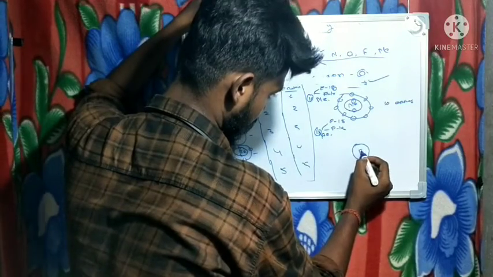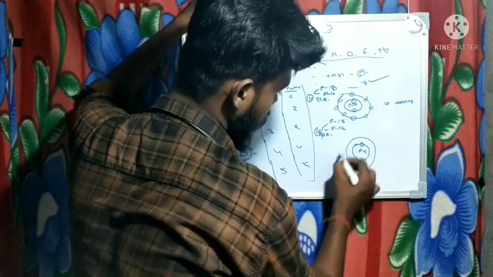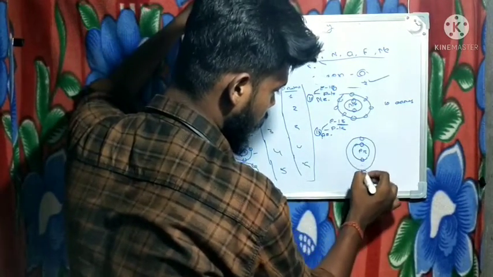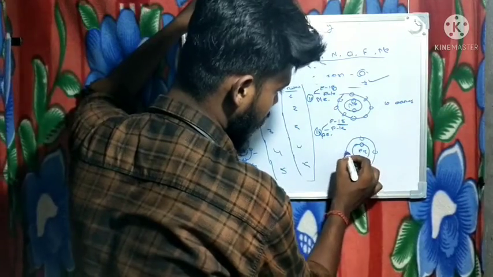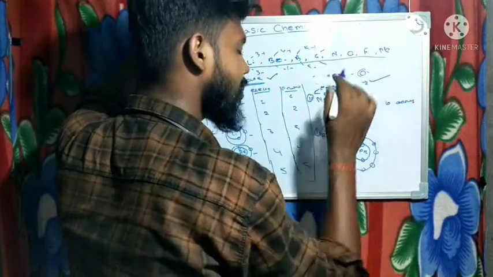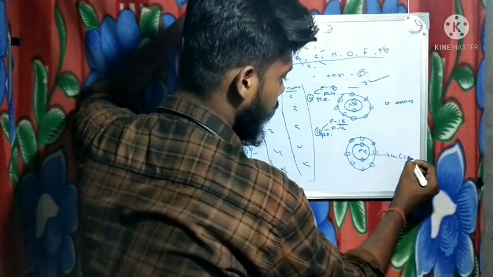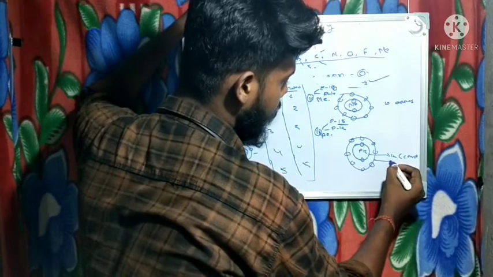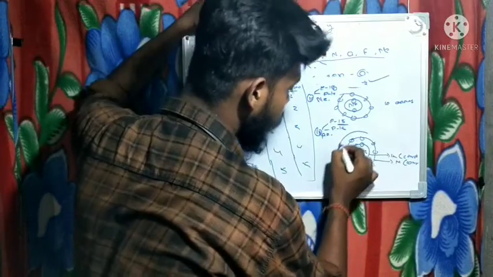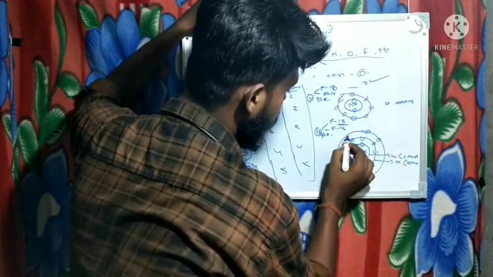This is your argon. The first cell contains 2 electrons. That means, see here, this is 18. Here 2 electrons are gone. To the second cell we give the maximum, 8. Completed. That means 10 electrons are gone now. K cell completed, L cell completed. There are another 8 electrons which are arranged in the M cell.